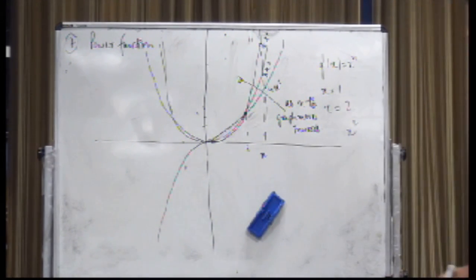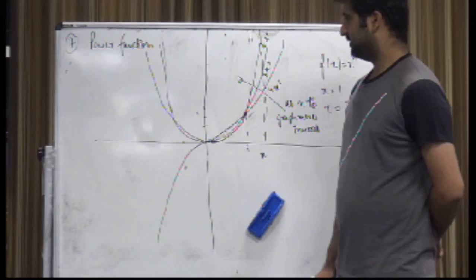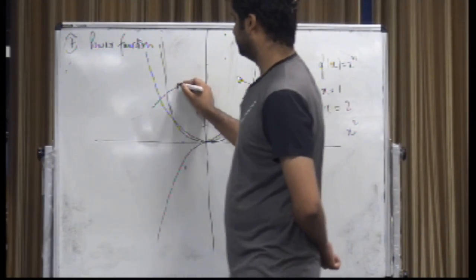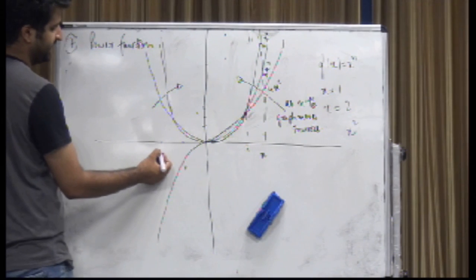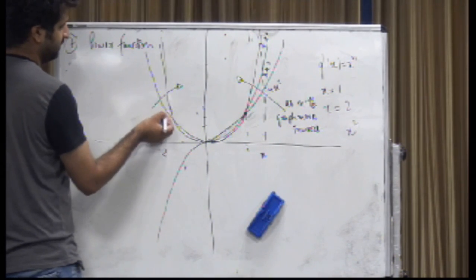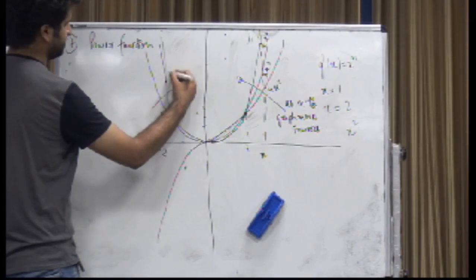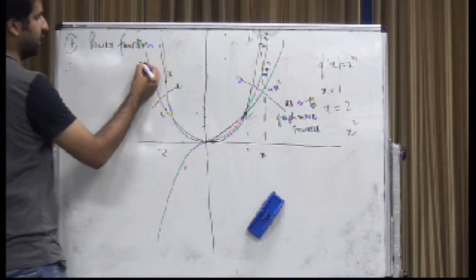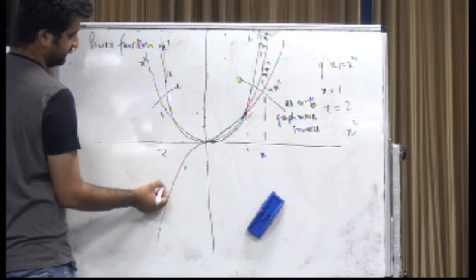Both are in the x direction. Since we have the positive x direction, it will move inwards. Here also the same, and here also the same, because if you put the value -2, you will get 4, and here you get 16. So these are the two graphs, x square and x to the power 4, and x cube is this one.